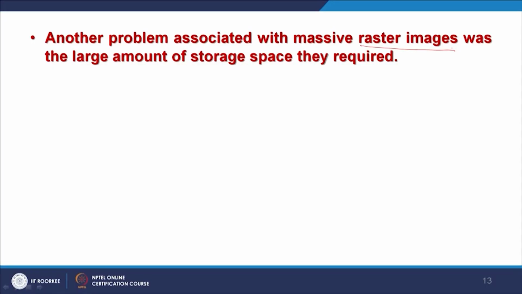Another problem which we witness is large image sizes. Now we are going for higher and higher spatial resolution, and therefore our image sizes are becoming larger and larger. Another thing is, when we started remote sensing, we had only 4 bands, for example in Landsat MSS.